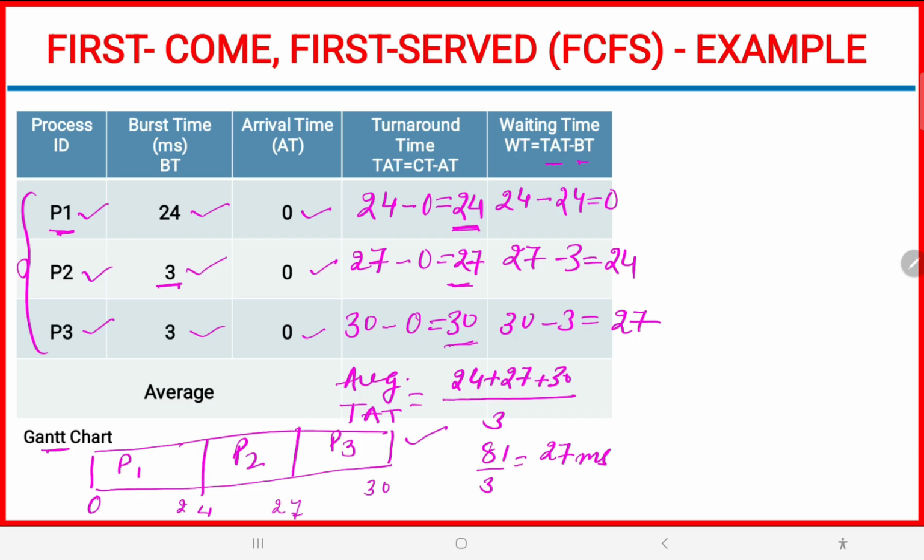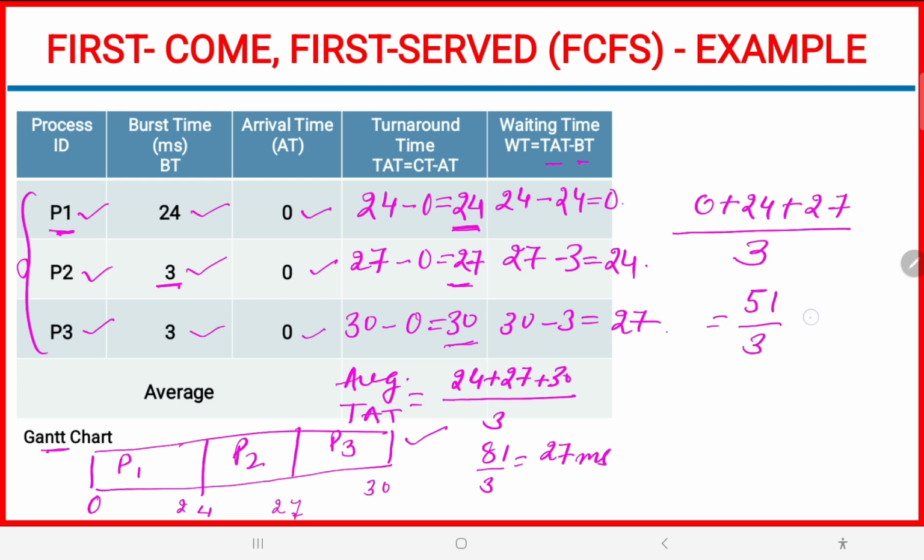The next thing was we were supposed to calculate the average waiting time. The average waiting time for this scenario will be 0 for process P1, then 24 for process P2, then 27 for process P3, divided by the total number of processes. So 0, 24 and 27. Adding these 3, I got the value as 51, upon 3.